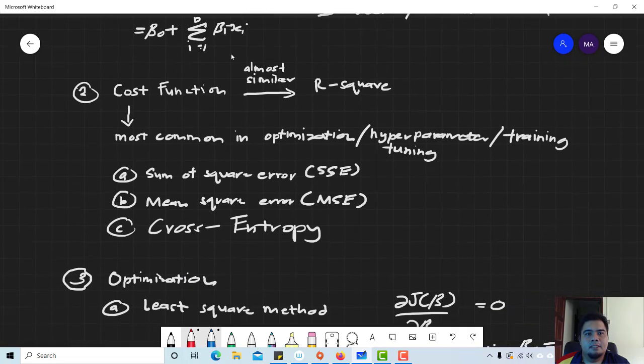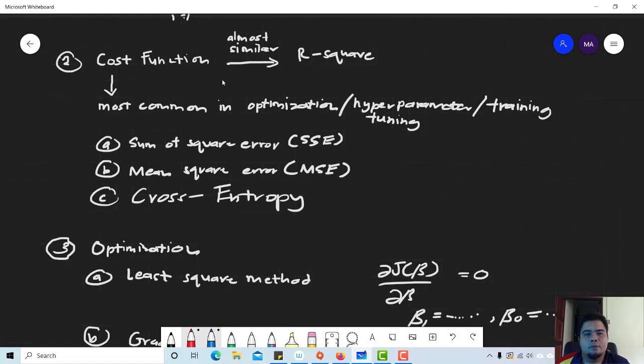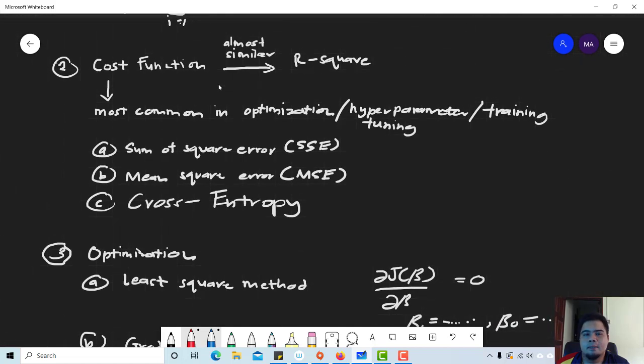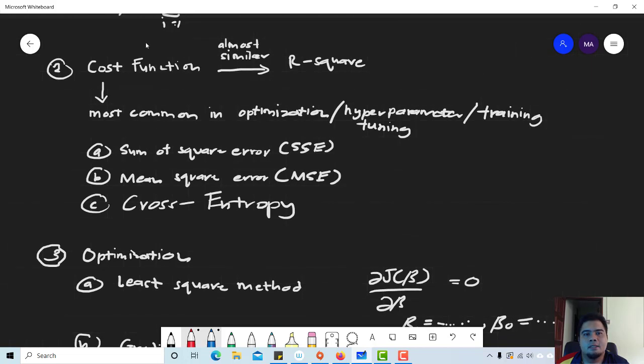The second thing that I discussed earlier is the cost function. One of the things that you learned before is the R square. The purpose of R square, if you remember, is to find the best fit, whether your linear regression model fits your data or not.